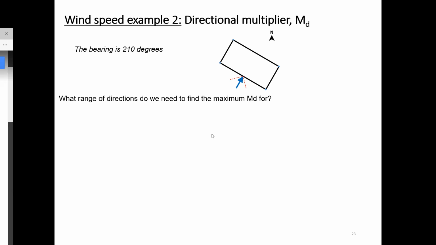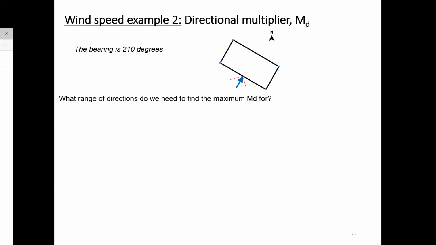Now the bearing is 210 degrees. Interestingly, someone asked me a question before, and I suddenly thought about it. It was a good question, because if the wind comes from the south, say in this case, it's more or less the southwest. Normally if you have a vector, the bearing is measured from the north to the vector, but we take it the other direction.